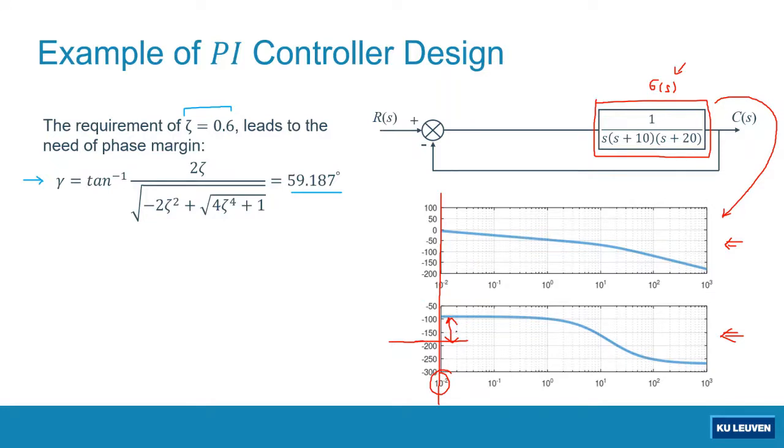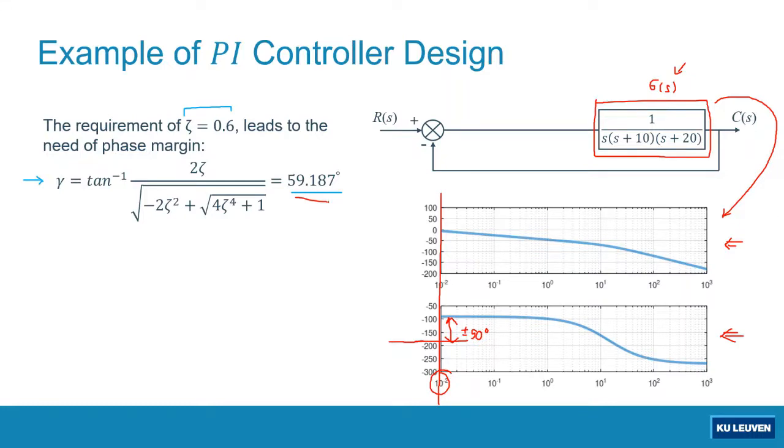Probably plus minus 90 degrees. While the requirement is that the phase margin should be equal to 59.187. So our current system doesn't fulfill the requirement. The current phase margin is about 90 degrees.